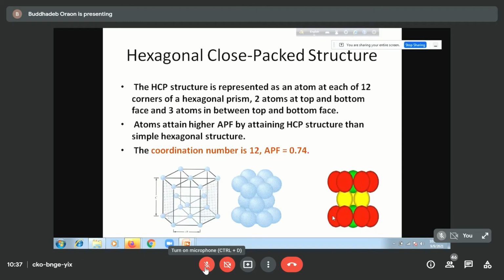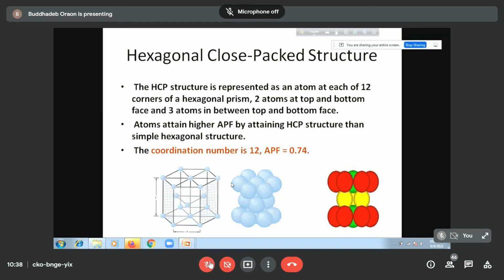So if you count the number of atoms, on this upper surface, top surface, you have got 7 atoms, and the lower surface you have got 7 atoms, and in between there are 3 atoms which are completely within the unit cell. So total number of atoms, if you count, it comes out to be 7 plus 7 plus 3. It comes out to be 17.